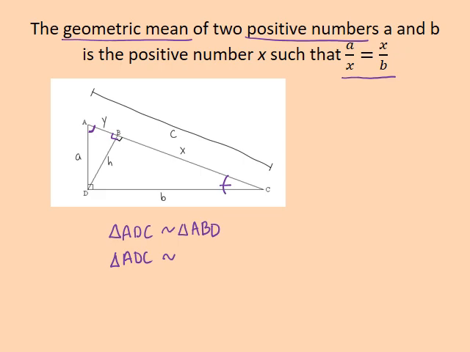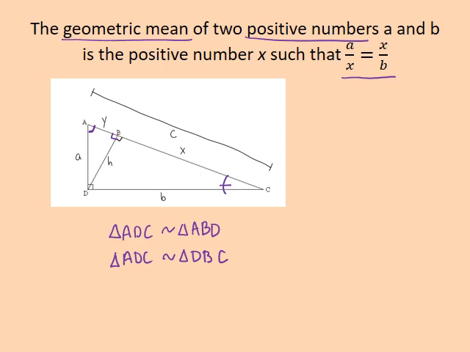Since we start with ADC, we need to start with D. Then we need to go to the right angle, which is B, and then we need to go to C, which they share. Now, this is what you did in the investigation.